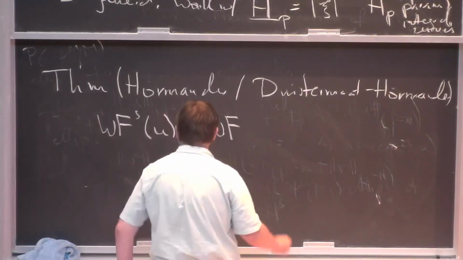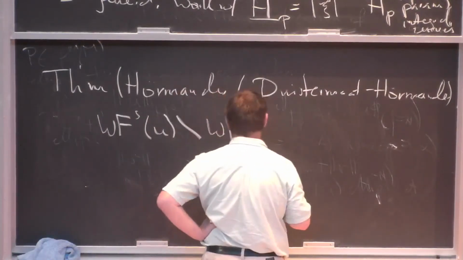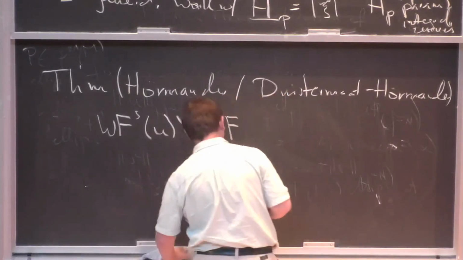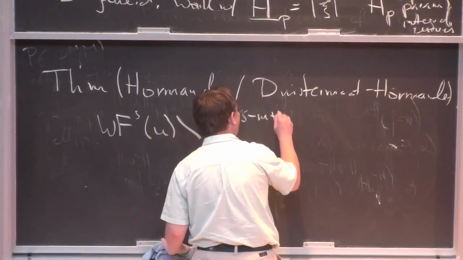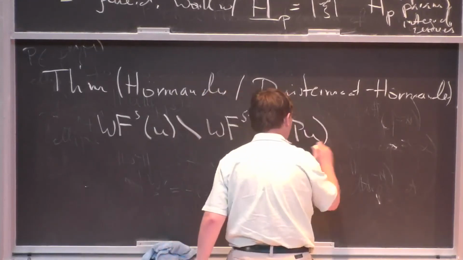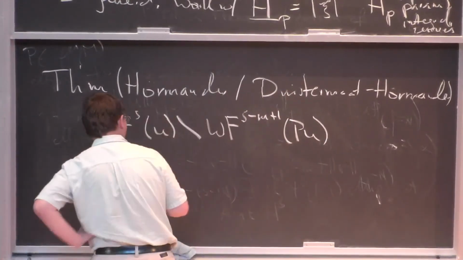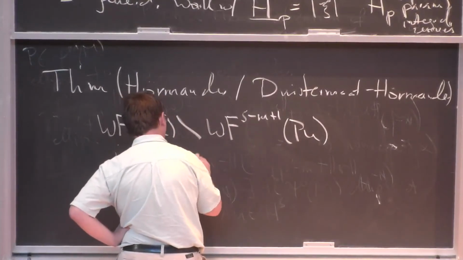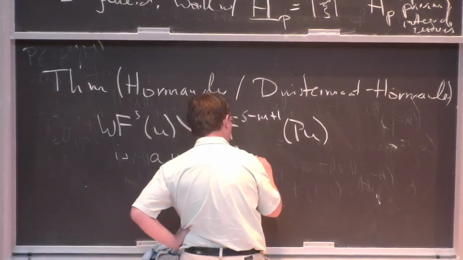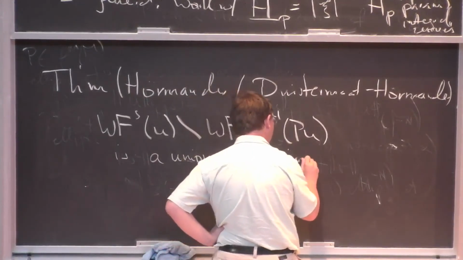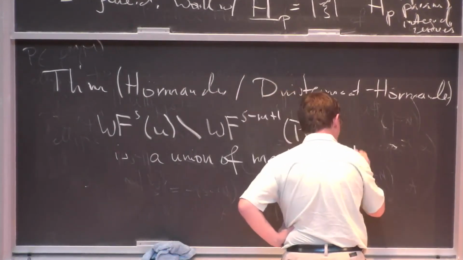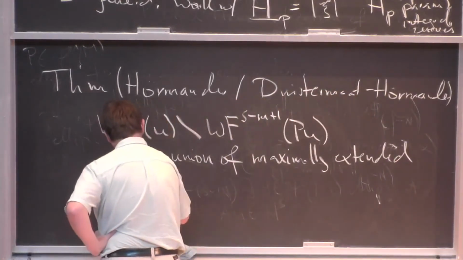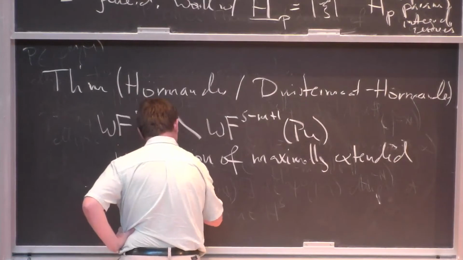Instead, I'm going to put it this way: the wavefront set, sorry, I need an order here, the wavefront set S minus m plus 1 of Pu is invariant, or is a union, let's put it this way, is a union of maximally extended bicharacteristics.